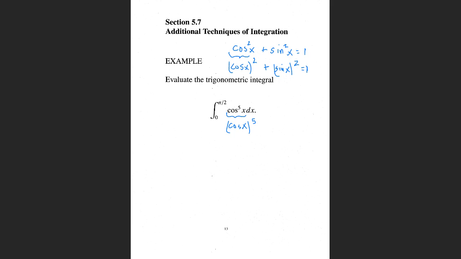So maybe what we could do is rewrite this integral a little bit so that we could utilize this Pythagorean identity. And that's what we're going to do. So let me go to the next page and I'll show you what we're going to do here.